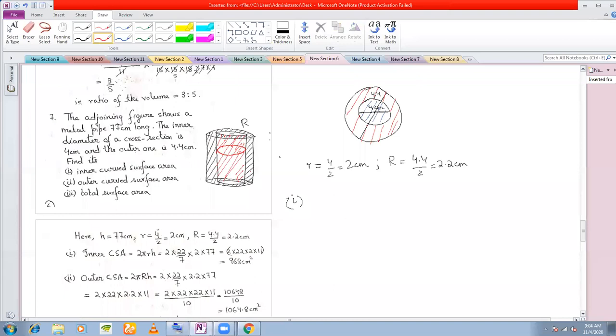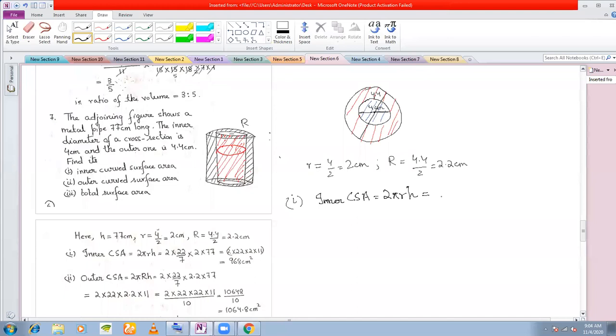This is your inner curved surface area. Inner CSA is 2 pi r, small r, mind you, because we are talking about the inner cylinder, 2 pi r h.